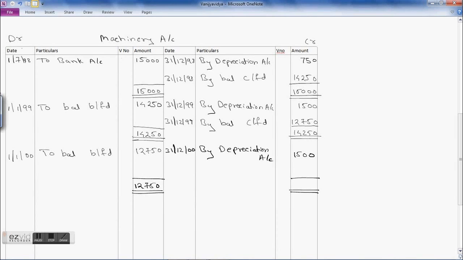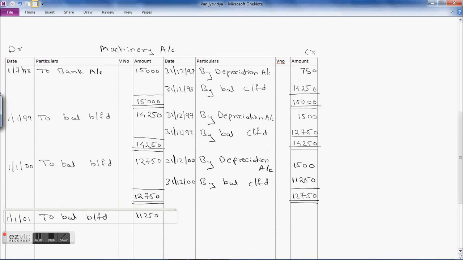So it's 12,750, 12,750. Okay, then balance as on 31/12/2000 by balance carry forward 12,750 minus 1500, that is 11,250, correct. Then on 1/1/2001 to balance brought forward 11,250.